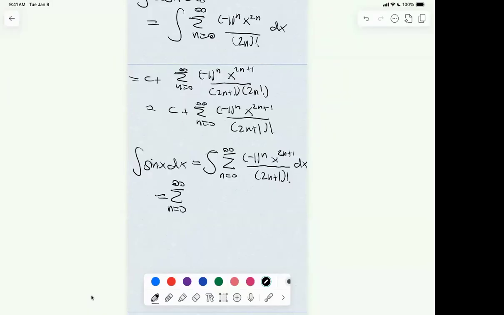When you add, you get x to the 2n plus 2, right? Oh, here you do need the constant term actually. So you get x to the 2n plus 2 over 2n plus 2 times 2n plus 1 factorial, right?